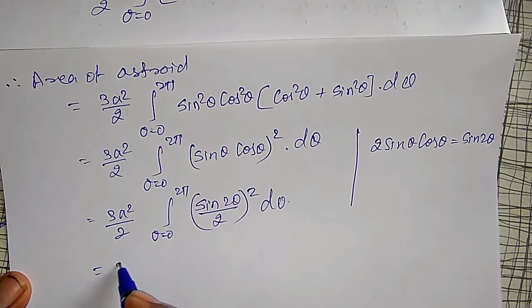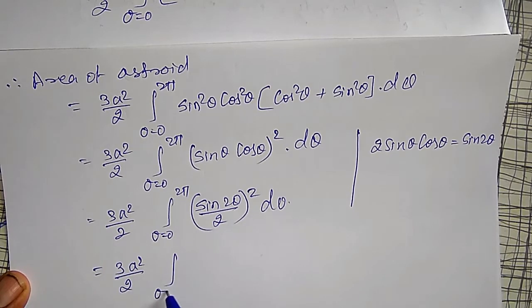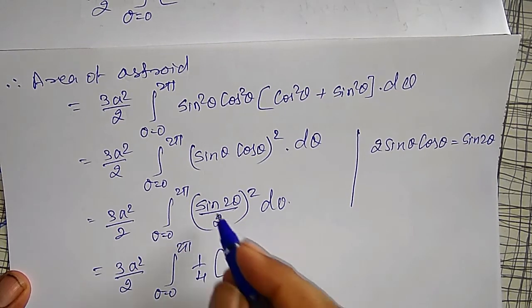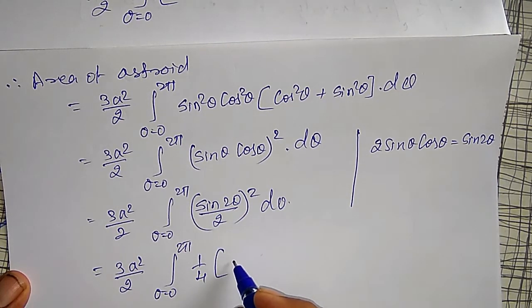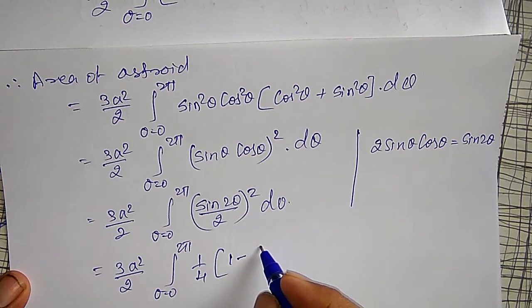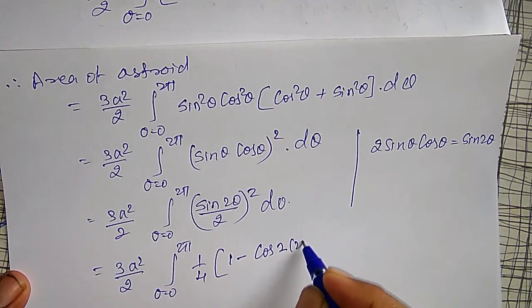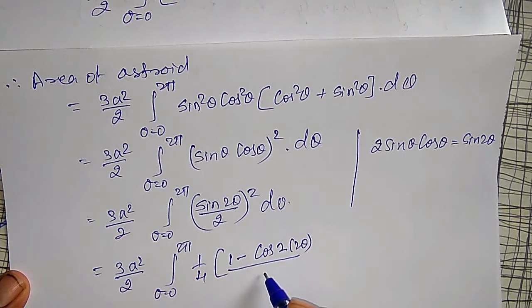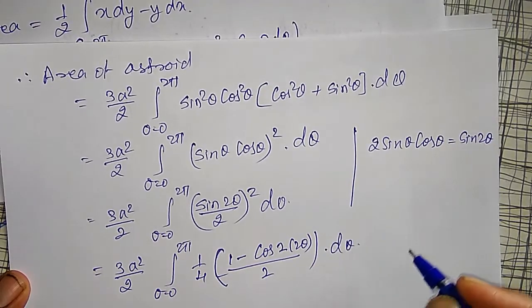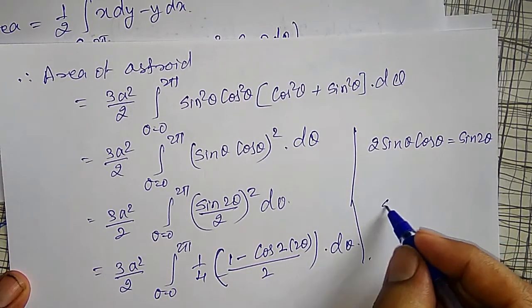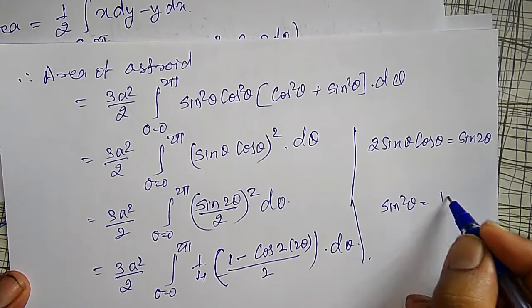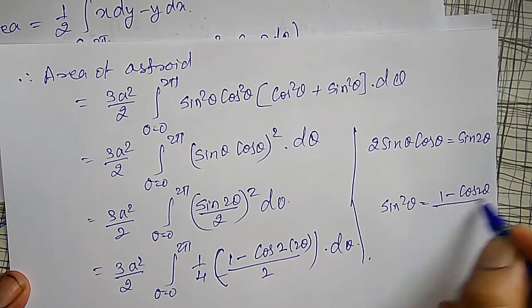Then to integrate this again, 3a square divided by 2 integration from theta equal to 0 to 2 pi, it is not integrable directly, therefore 1 by 4 into sin square 2 theta can be replaced by 1 minus cos 2 into 2 theta divided by 2 into d theta, because sin square theta equal to 1 minus cos 2 theta divided by 2 I am having formula using this one.